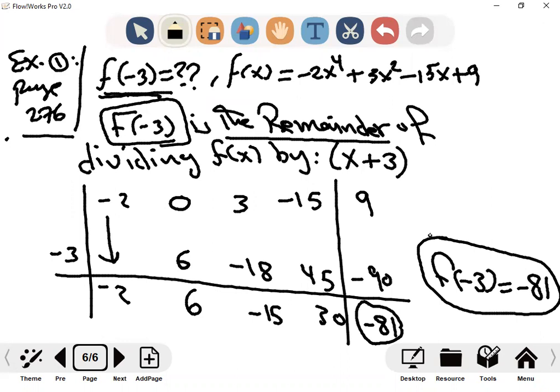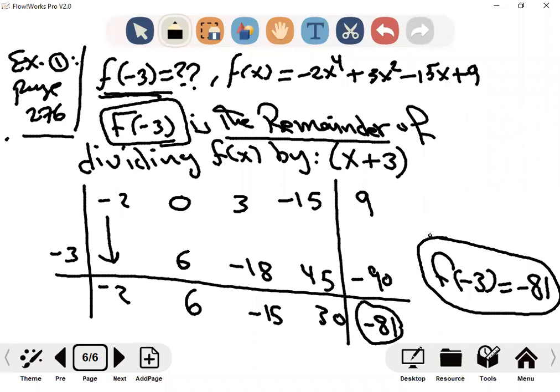The answer is how much? The answer should be -81. It should be the remainder. If not -81, then I have a problem in my division. How much is the answer? -81. Do you got it?